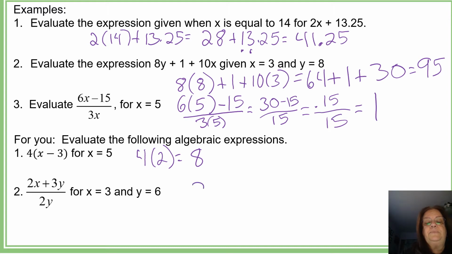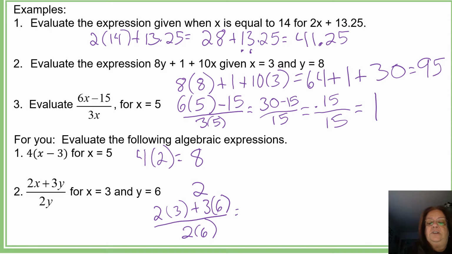So my answer, 2. Hopefully that's what you got. All right, so how I did that was 2 times 3 plus 3 times 6 over 2 times 6. 2 times 3 is 6. 3 times 6 is 18. 2 times 6 is 12. 6 plus, can't cross anything off. 6 plus 18 is 24.